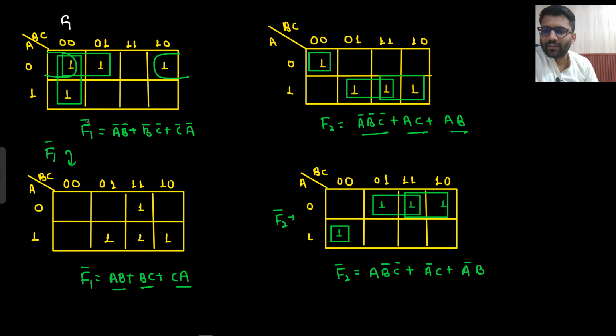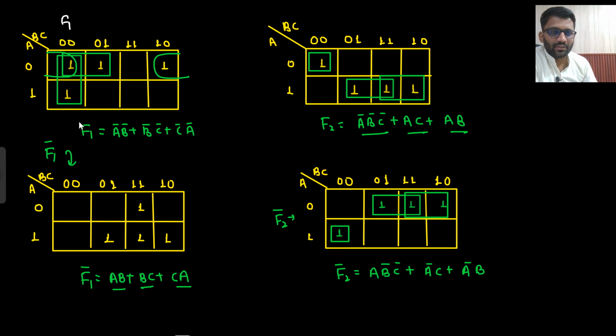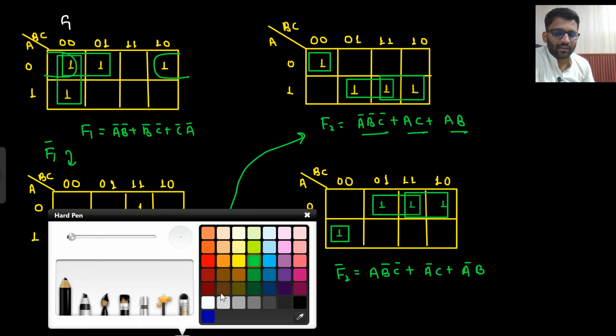Wait a second, this was F1 bar, this is F1. Actually this is F1, not F1 bar. AB plus BC plus CA is F1, so the bar of that is F1 bar. So you are not finding anything between F2 bar and F1 bar, F2 bar and F1, or between F2 and F1. Are you finding anything common? No.